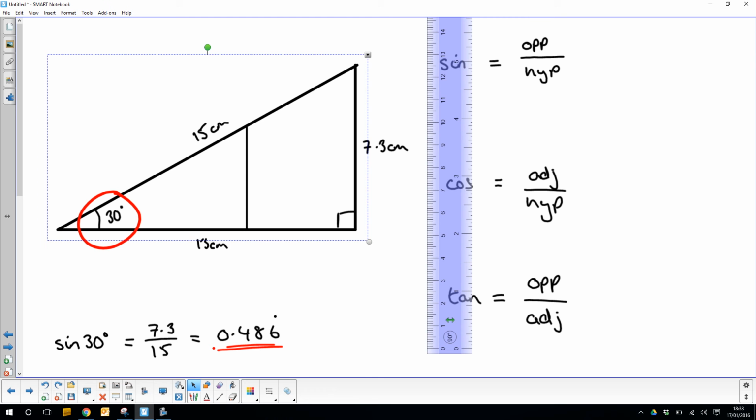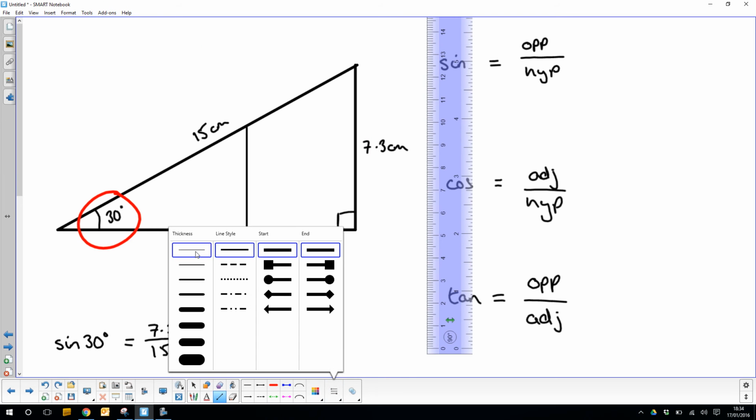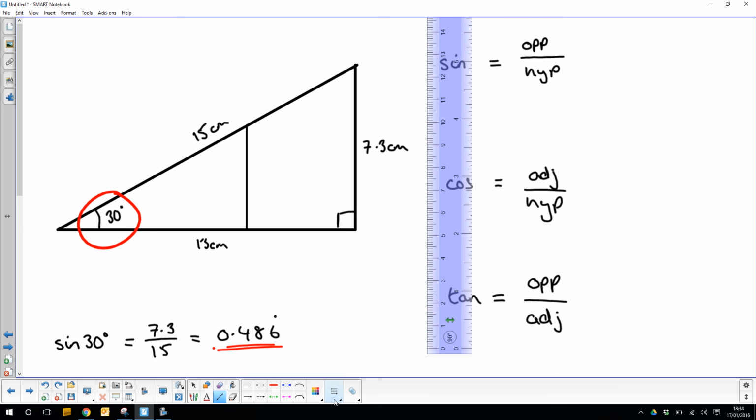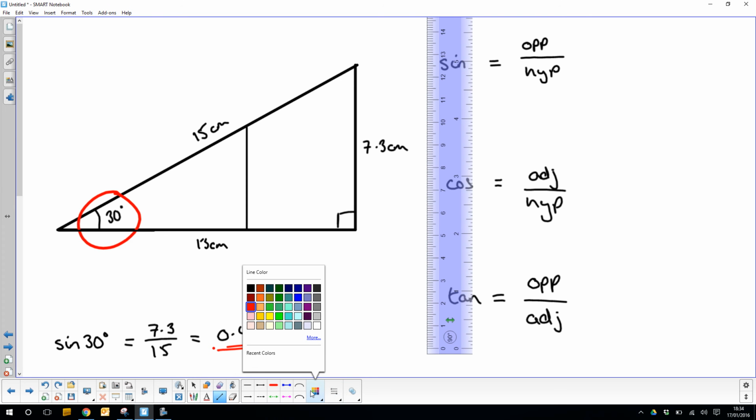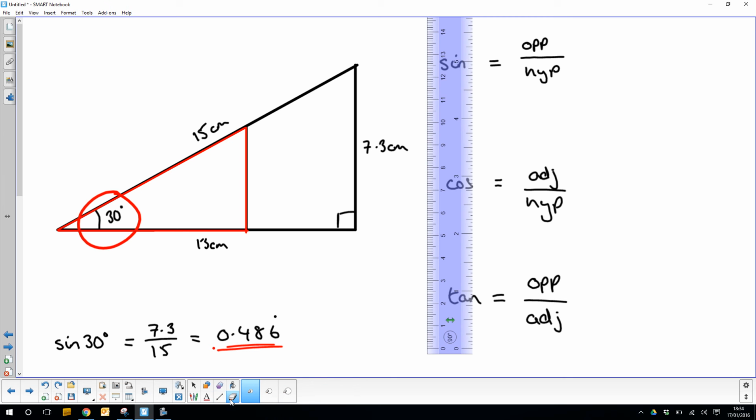To indicate that, let's go over that in red. So I'm talking about this triangle here. What hasn't changed is the angle. The angle is still 30 degrees. But what has changed is all the side lengths of the triangle.